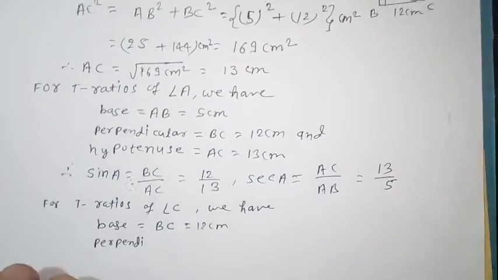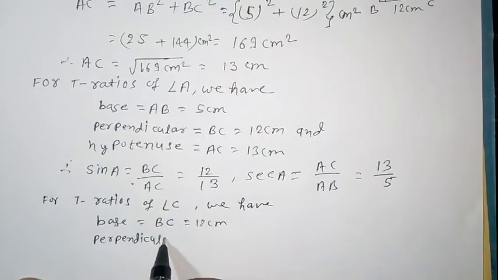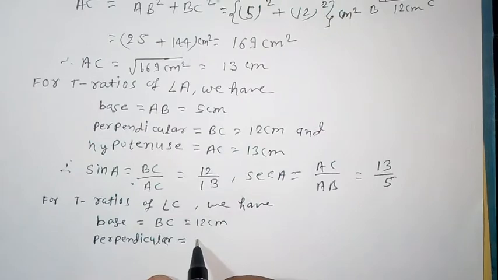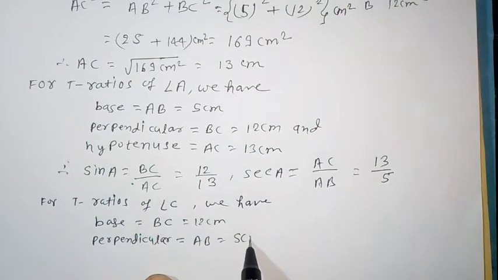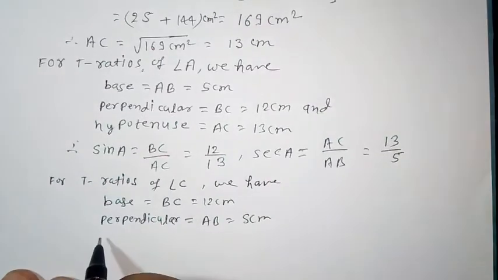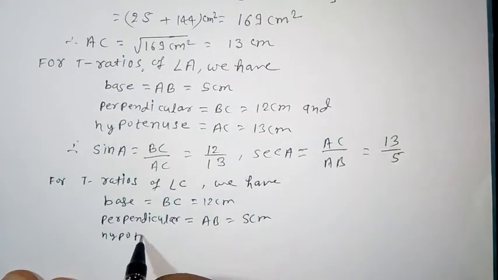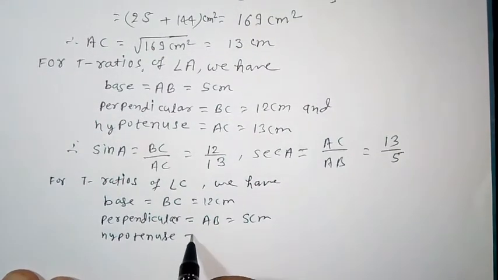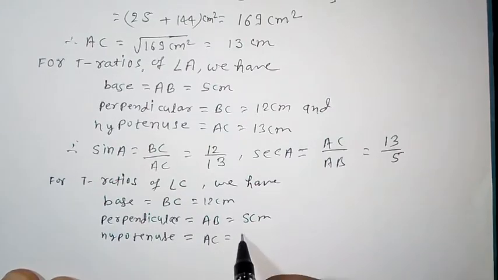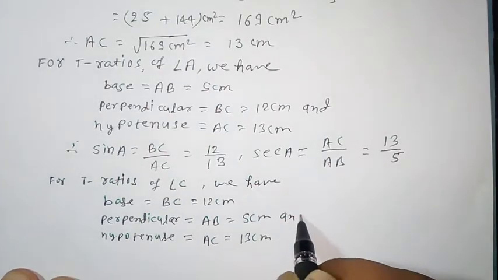Perpendicular is equal to AB is equal to 5 centimeter. Hypotenuse is equal to AC is equal to 13 centimeter.